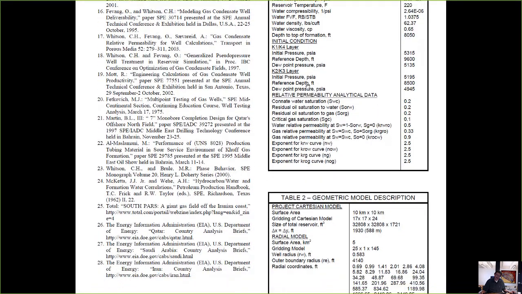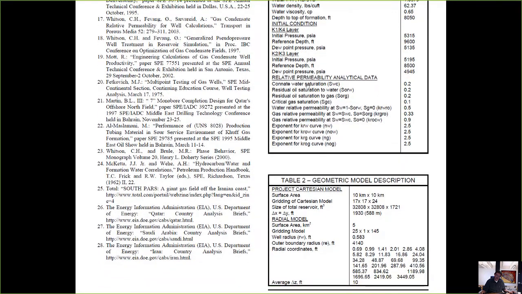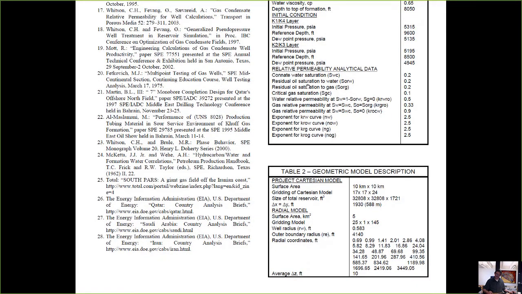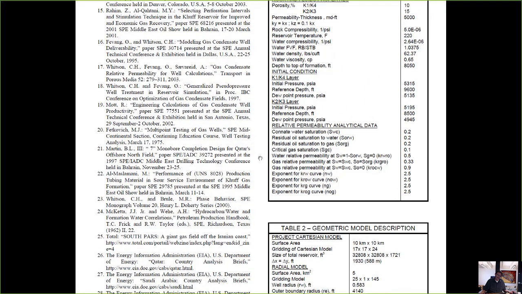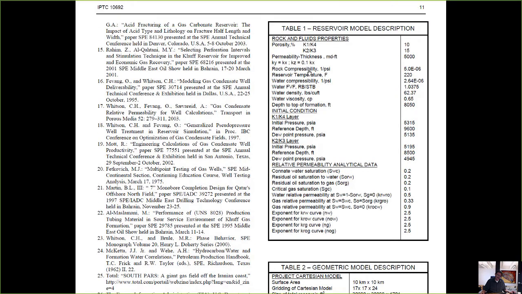See, what about the thickness here? Yep, under the thickness.